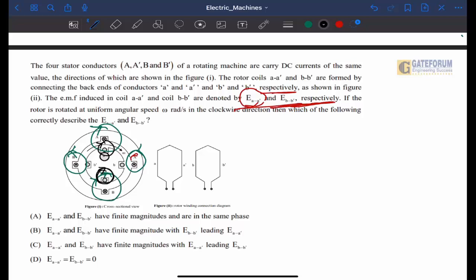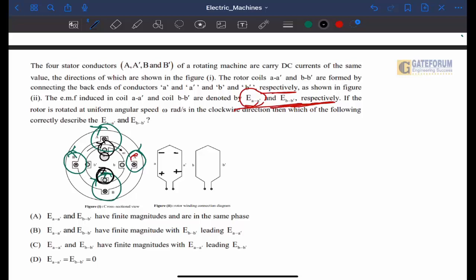Let's say the A conductor has polarity like this, so A dash will also have polarity like this. Since both experience the same magnitude of field and the same direction, both conductors will have the same magnitude of induced EMF and the same polarity.